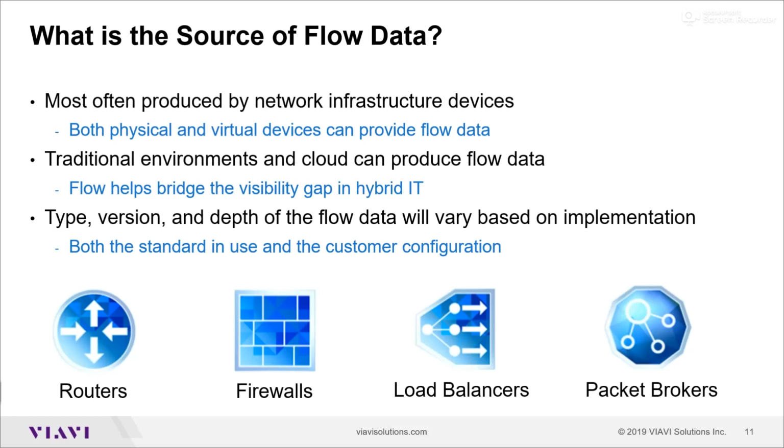So the version of flow, the type of flow, the manufacturer's implementation, and the resources available to generate flow information from the device really become the gating items in terms of how much information you're going to be able to get out of flow.